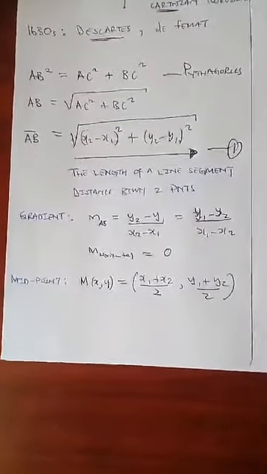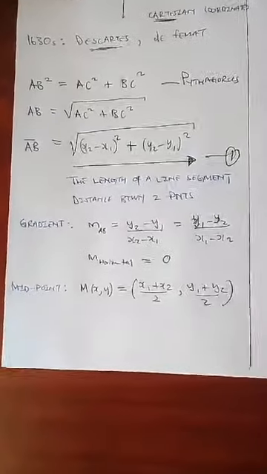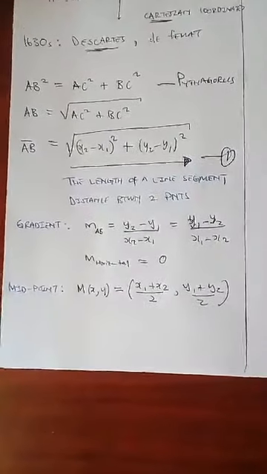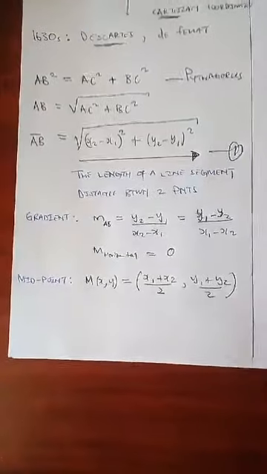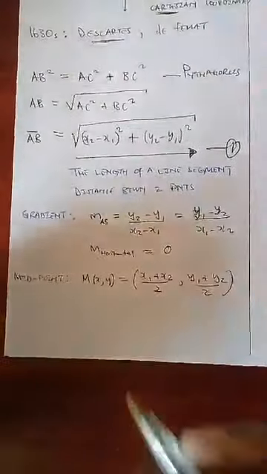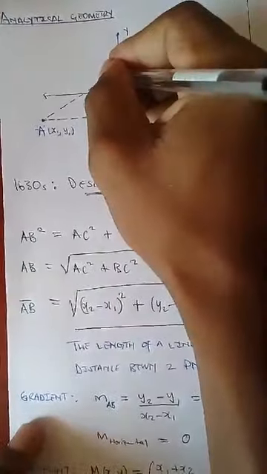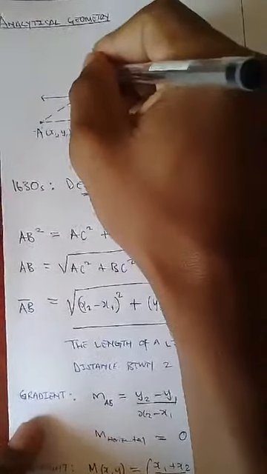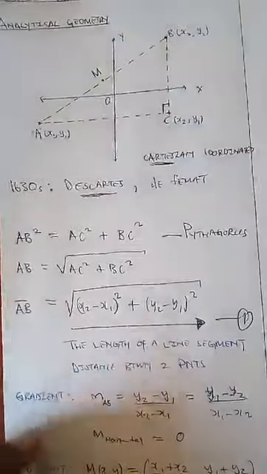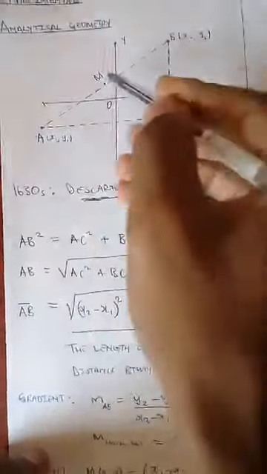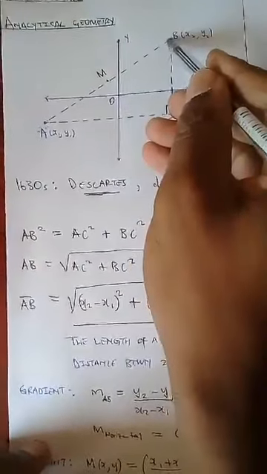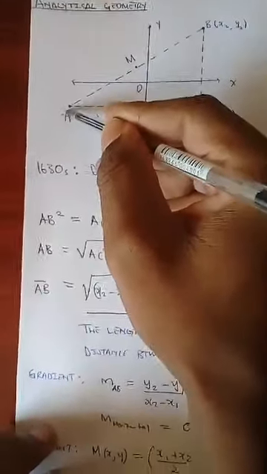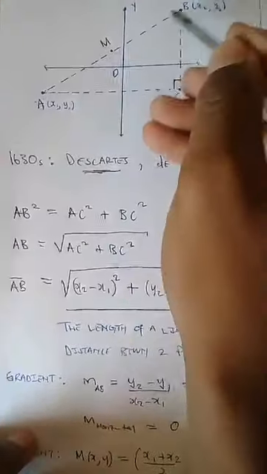Right. And of course, if points are on the same line, for example, let's say the midpoint in this diagram of ours is somewhere here. Let's say that's M. You see that A, M, and B are on the same line. This is what we call collinear points.